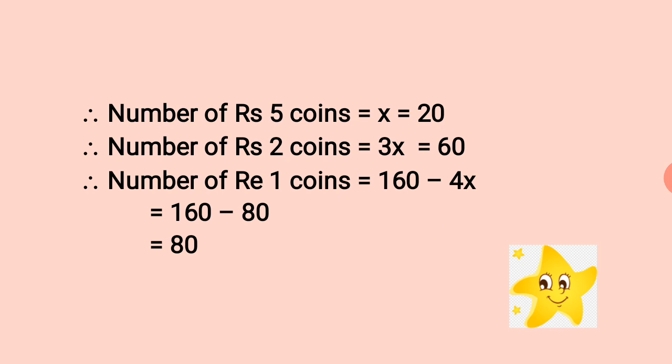And the number of 1 rupee coins is 160 minus 4x. Substitute the value of x and you get the number of 1 rupee coins to be 80. So this is how we have converted another real life example into a mathematical equation and we got the answer quickly.